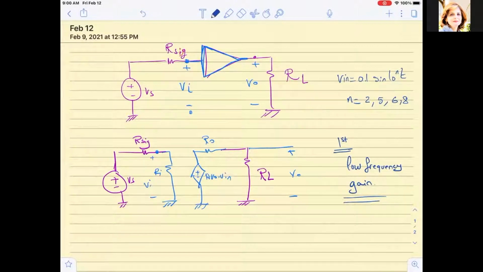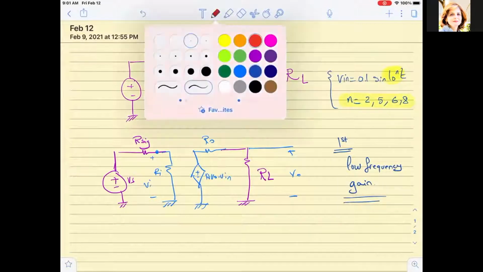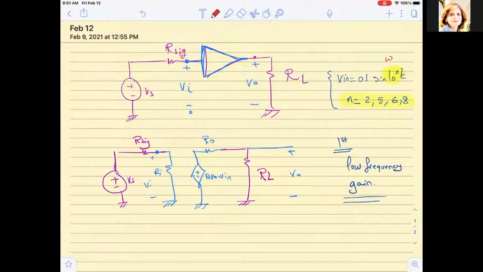What would be VO over Vn as a function of the operating frequency, and inspect it if my Vn has varying frequency, sine omega t, where omega varies from 10 to the 2 radians per second until 10 to the 8 radians per second. So the input signal has a frequency omega which is varying.